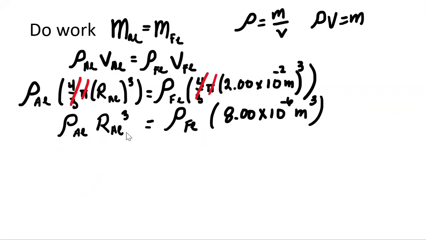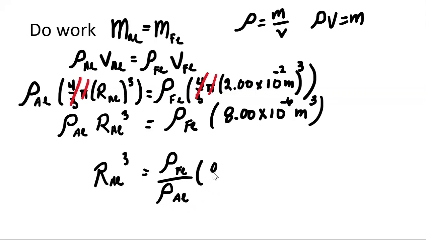So we want to solve for the radius of aluminum. Let's go ahead and isolate this by dividing out the density of aluminum. So we get that the cube of aluminum's radius is going to be equal to the density of iron divided by the density of aluminum, and that's going to be multiplied by this quantity here, which is 8.00 times 10 to the negative 6 cubic meters. And let's solve for the radius.